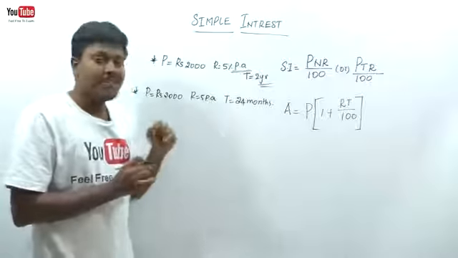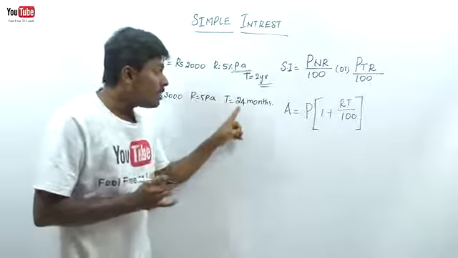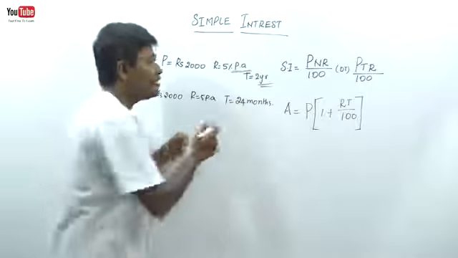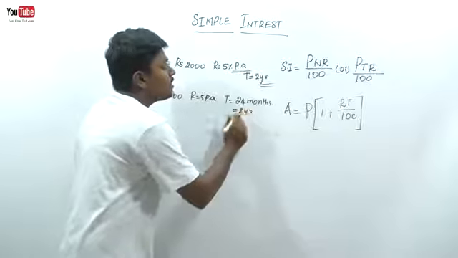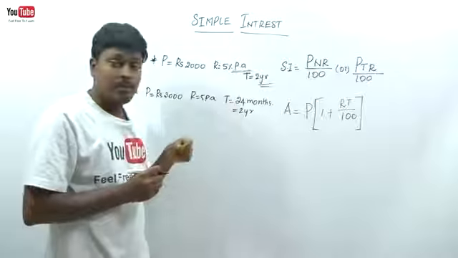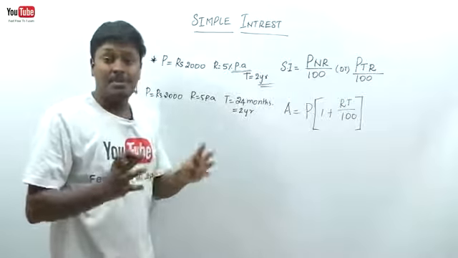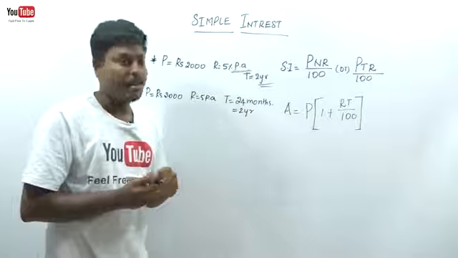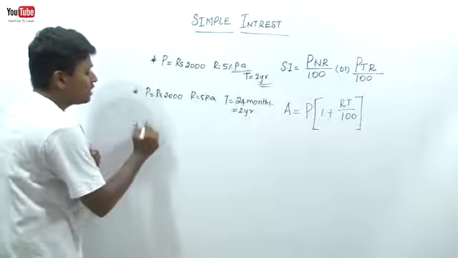Substitute R equal to 5. And for T, which is 24 months, we should not keep the time duration in months. Just convert into 2 years, then substitute T equal to 2. Wherever the question says 24 months, 48 months, whatever it be, kindly change into years and then substitute in the formula.